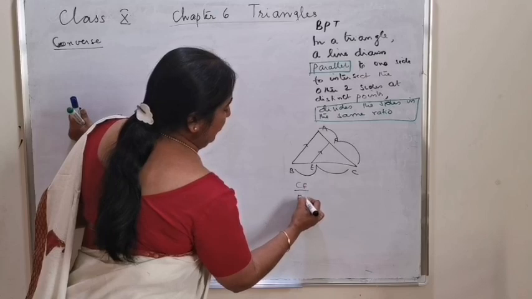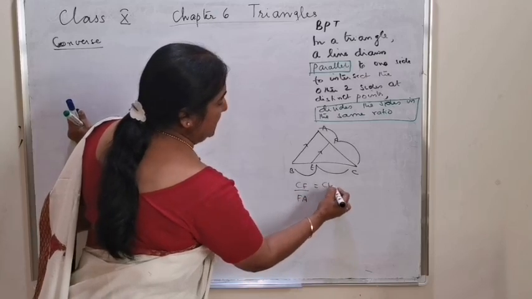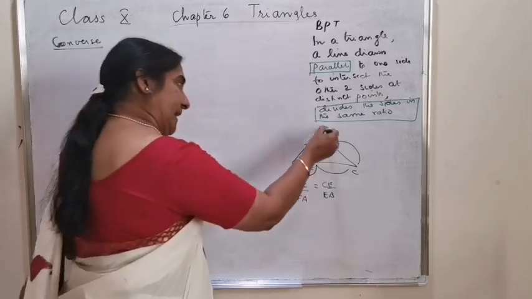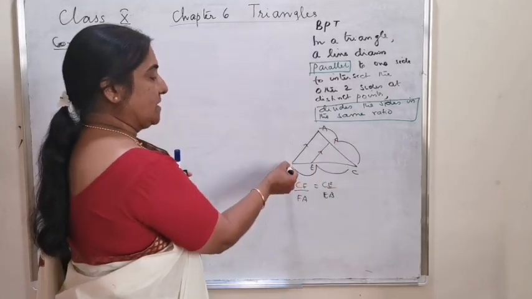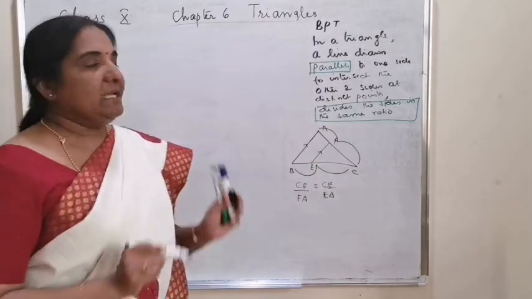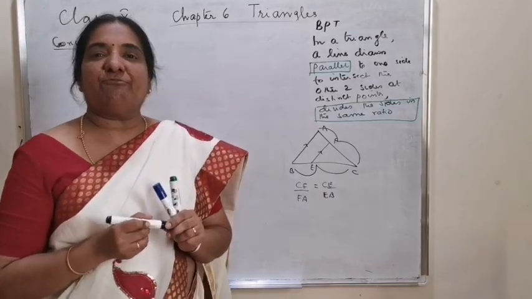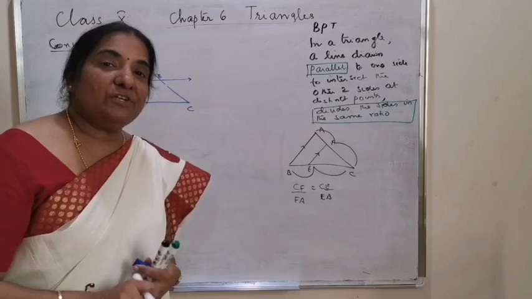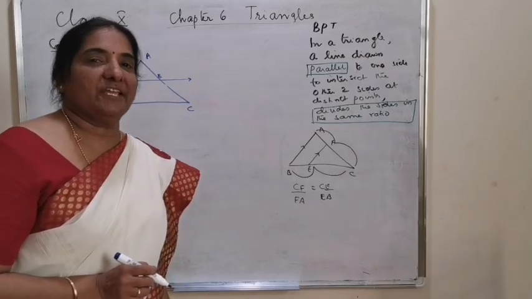CF by FA is equal to CE by EB, or AF by FC is equal to BE by EC. This is the application of the basic proportionality theorem. Let us discuss the converse of the basic proportionality theorem.